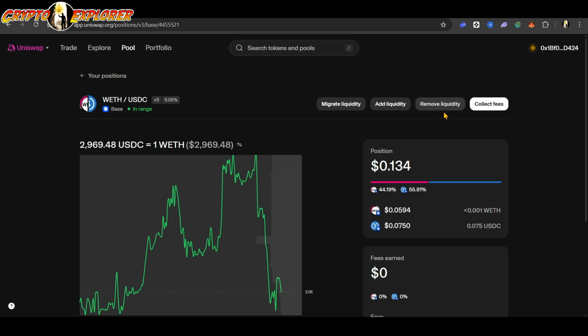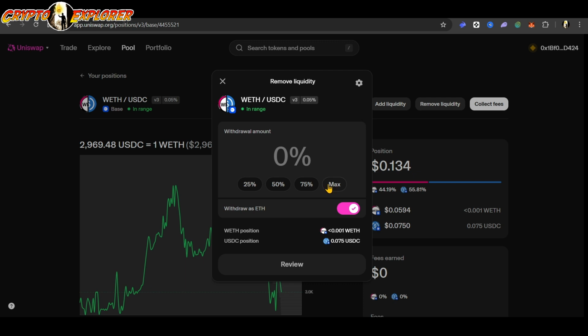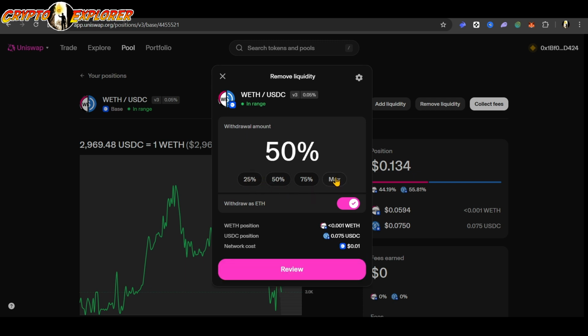I just created this position. Now I'm going to click remove, select how much. I could just withdraw 25%, 50, but I'm going to withdraw the whole thing, and I can toggle this on or off. If I keep this on, all of the liquidity that I have here will be swapped to Ethereum. But if I toggle it off, I get my liquidity tokens in both USDC and wrapped Ethereum.